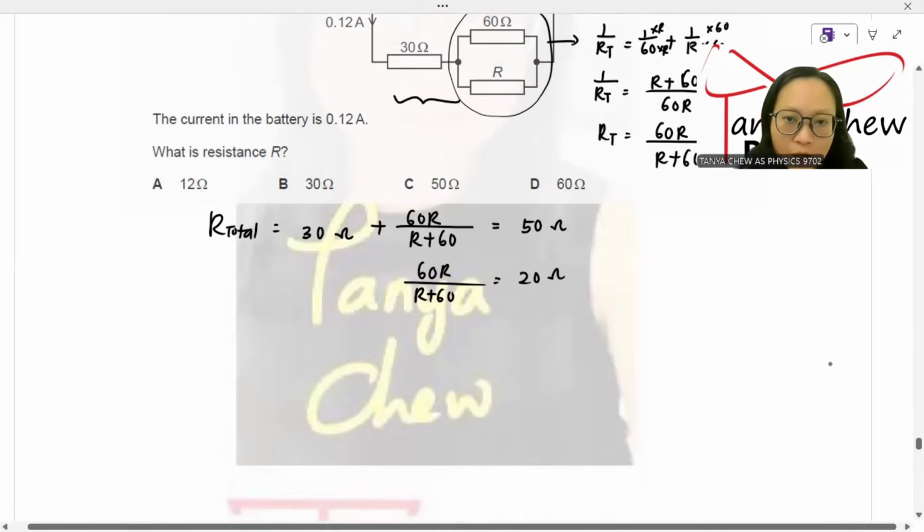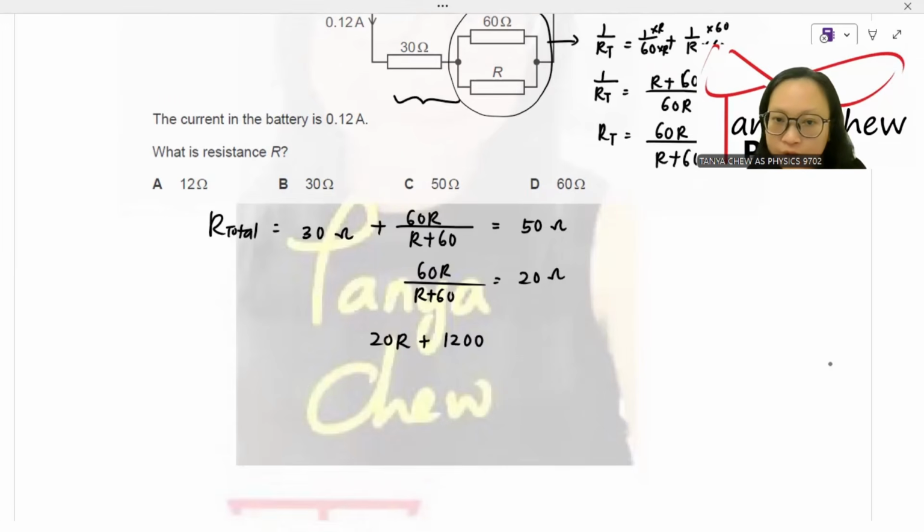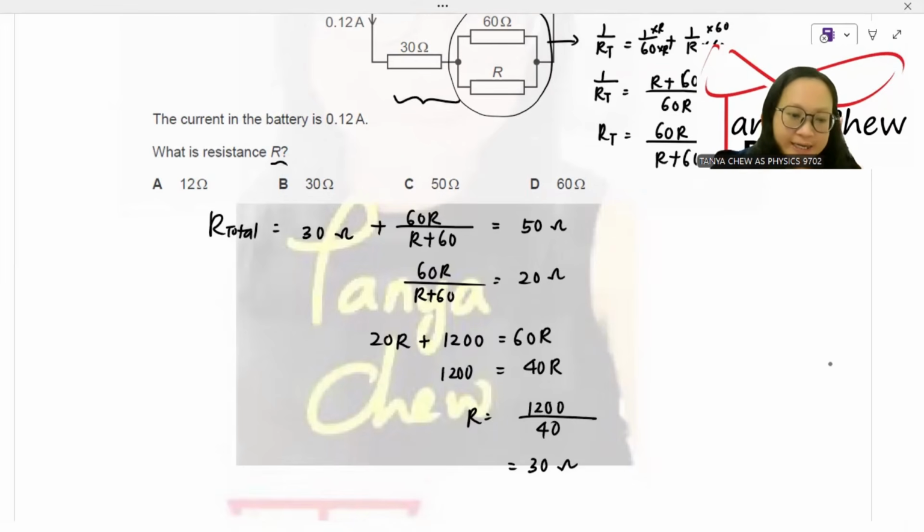Cross multiply: 20R plus 1200 is equal to 60R. So 40R is equal to 1200. R is equal to 1200 divided by 40, and I got 30 ohm. So the answer is B.